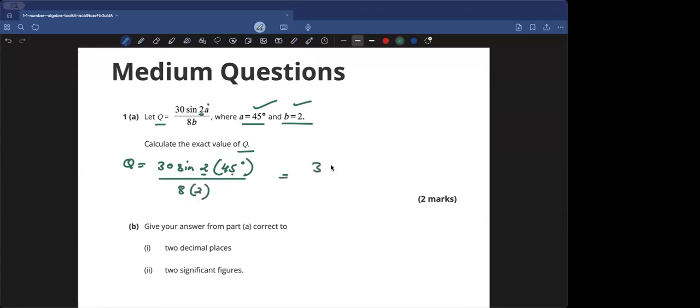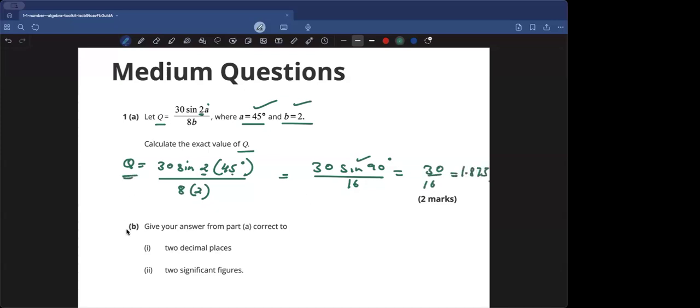That gives 30 sine 90 degrees over 16. We all know that sine 90 is 1, so I'm just going to write 30 over 16. If you calculate, it comes to 1.875.